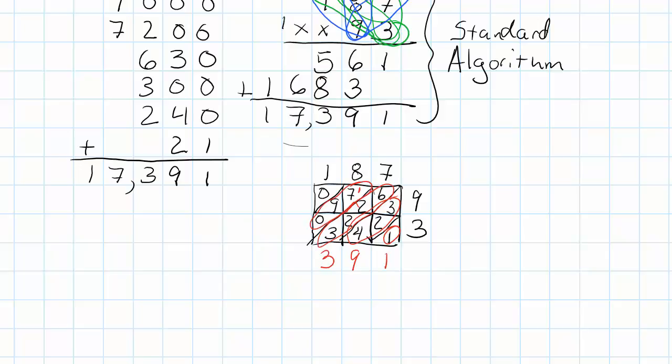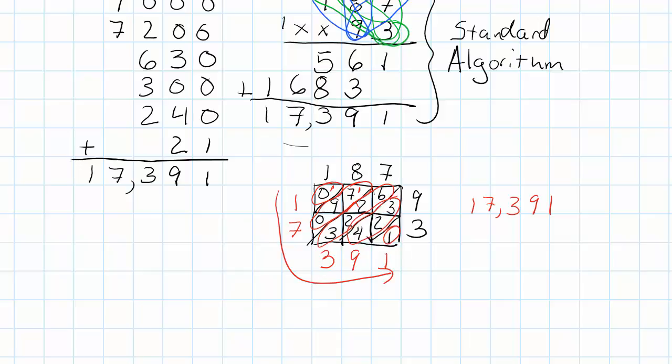Here we have 1 and 7 is 8, and 9 is 17. Write down the 7, carry the 1. And here we have 1 and 0 is 1. So again we get, reading down and to the right, 17,391. Same answer.